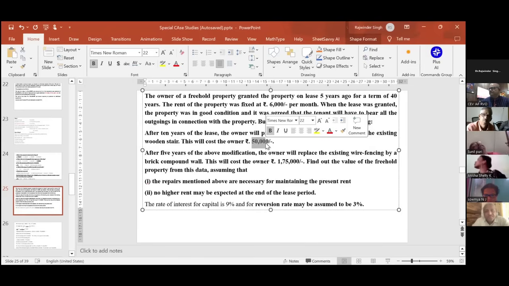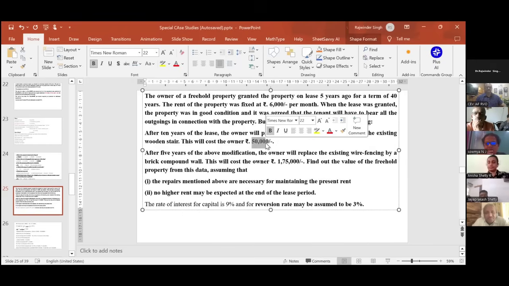What is the formula for that? We will do it in Excel. Or 1 upon 1 plus R raised to N, with the reversion rate of interest.